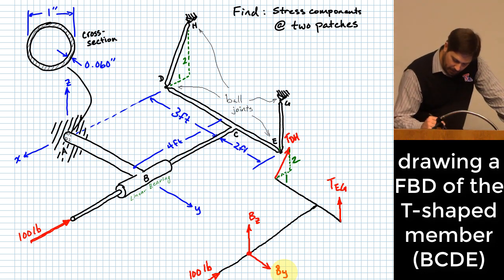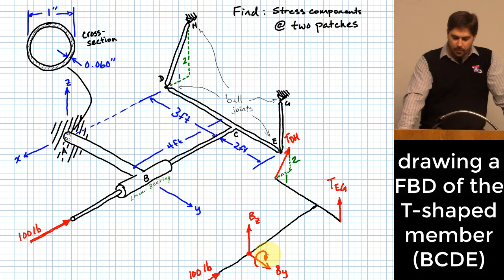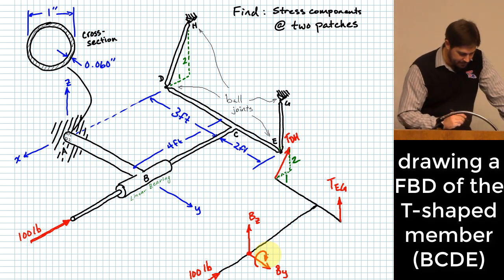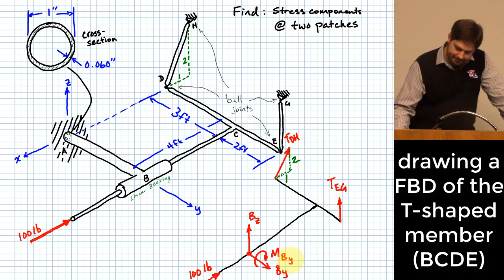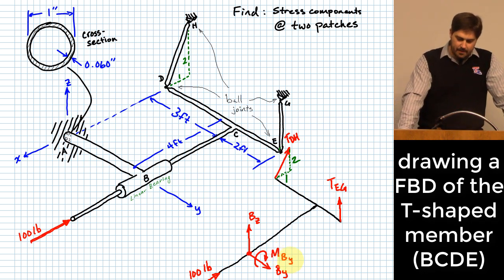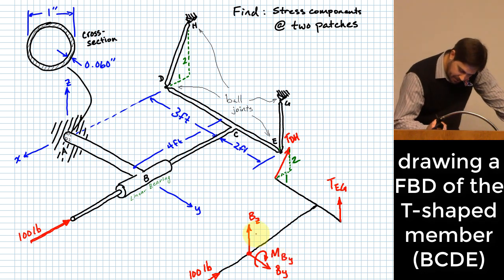And without telling you why, I'm going to choose this direction to be positive to describe that reaction moment. What was our naming scheme last time? Maybe M, B about the y. So that's a moment applied at B around the y-axis. And what else? Okay, z direction, right? So there's another one that happens here around the z. Let me show that one like this.